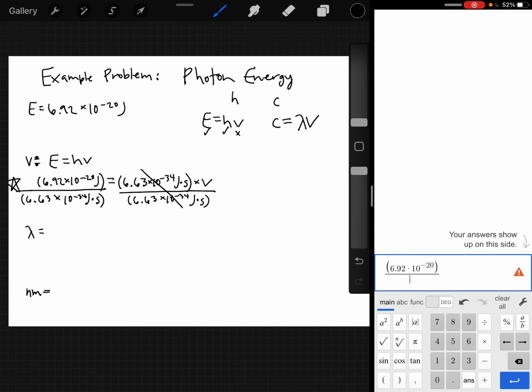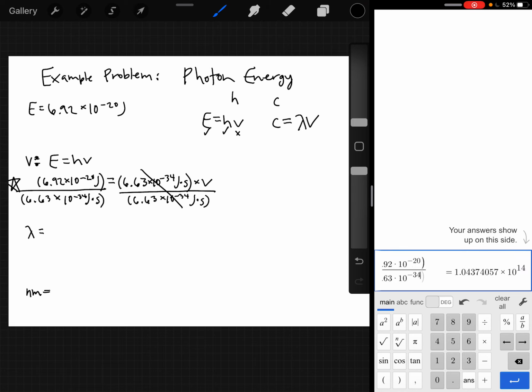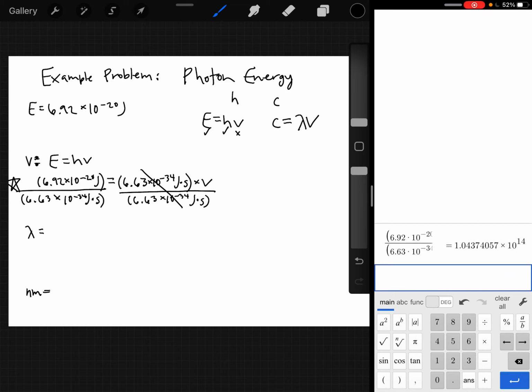Then I'm going to click the divided by sign, open my parentheses again, and say 6.63 times 10 to the negative 34th, close my parentheses, click equals, and I get this number. V equals 1.04 times 10 to the 14th hertz.